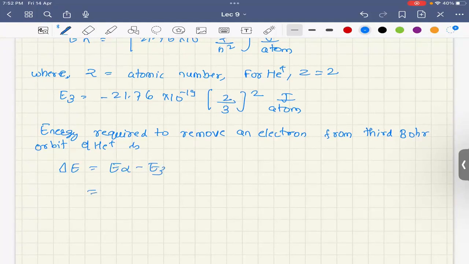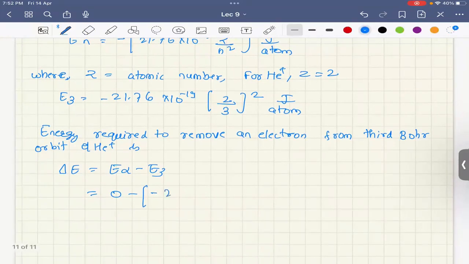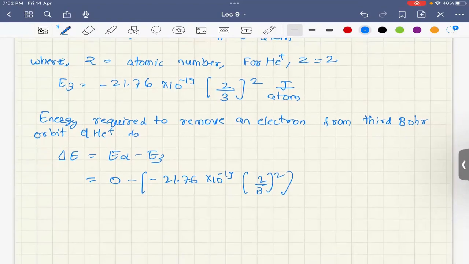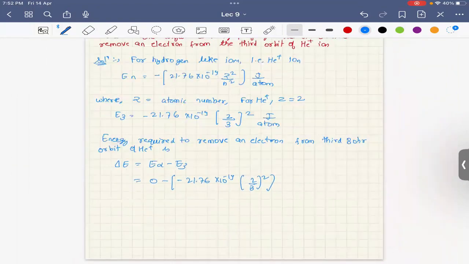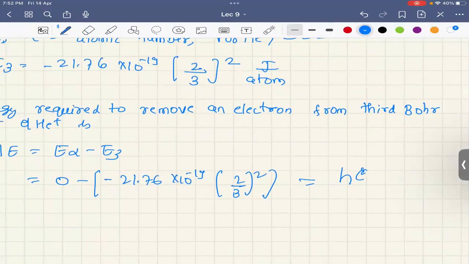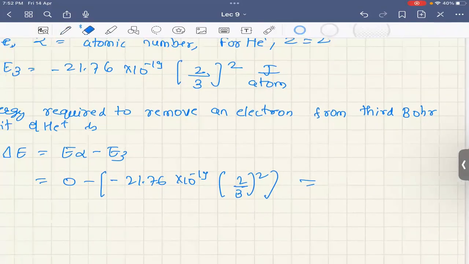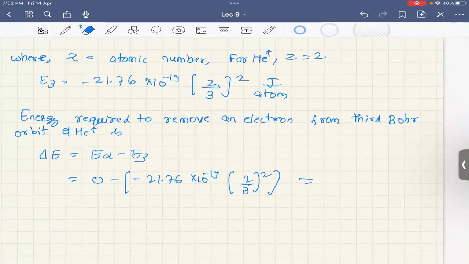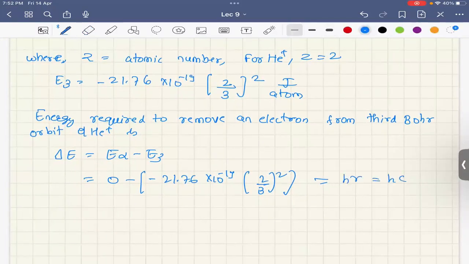At infinite this will be the energy, which is nothing but 0 minus of minus this value, right? 21.76 × 10 raised to power minus 19 into 2 by 3 whole square, right? And this energy is certainly going to be h nu, which is nothing but hc by lambda, right?